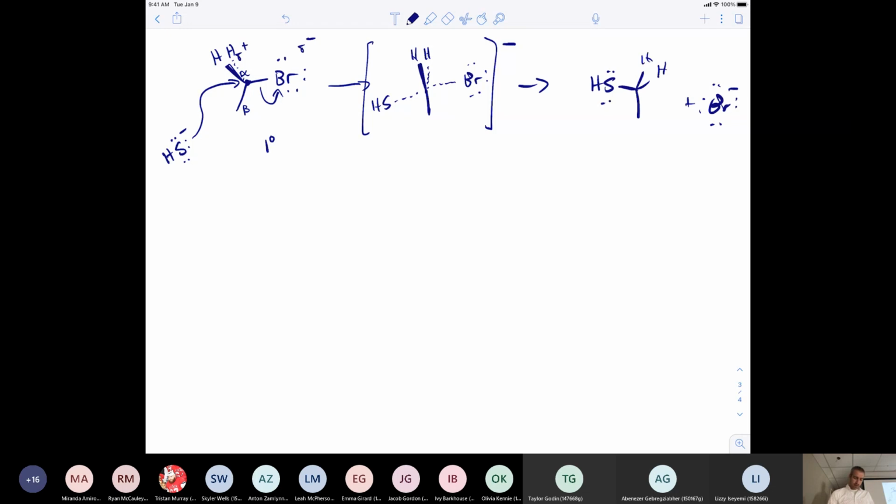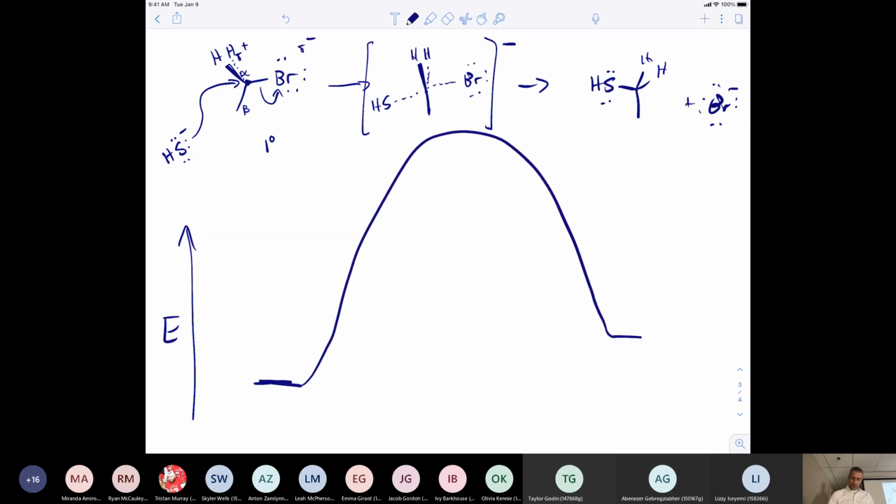So if you have a potential energy diagram, your starting material is down here, goes up like that, and your products are over here. So what's this thing up here in the middle? This thing that I drew, it's not an intermediate. Transition state.